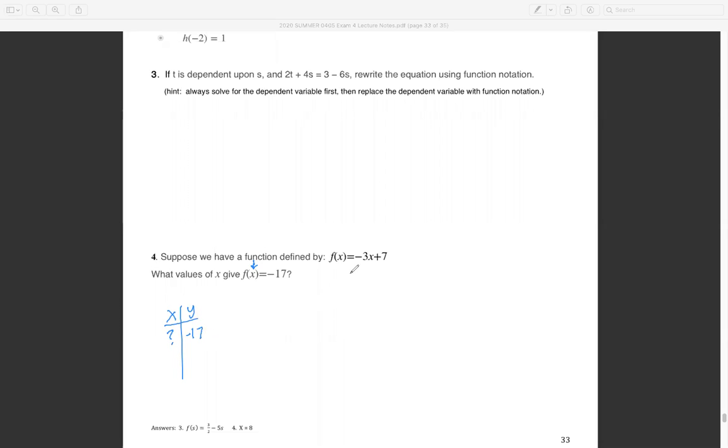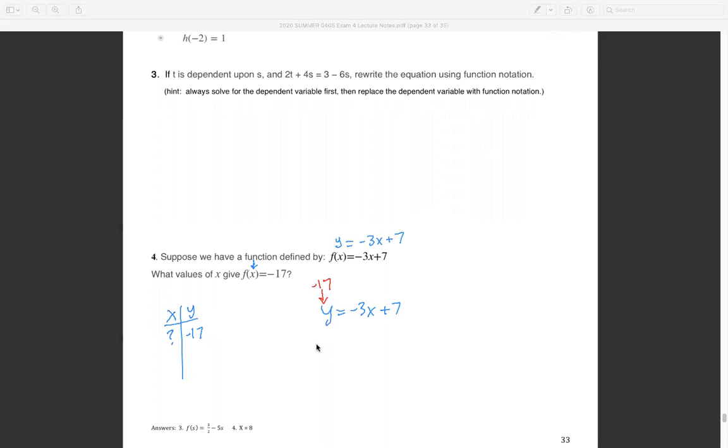If you want, what you can do is you can put back in your y. Before we had the function notation, it was originally a y. So you can rewrite it as y equals negative 3x plus 7. And then say we're going to put negative 17 in there for that. Or you could just replace all of the f of x with the negative 17.